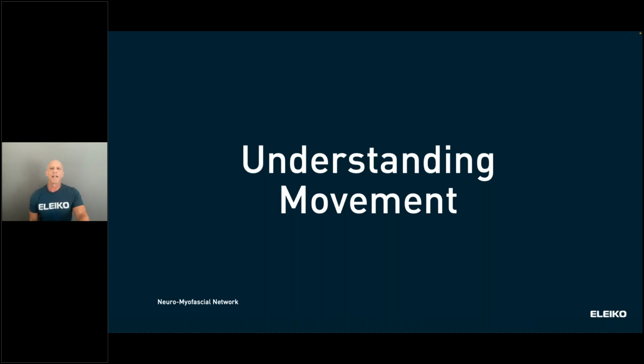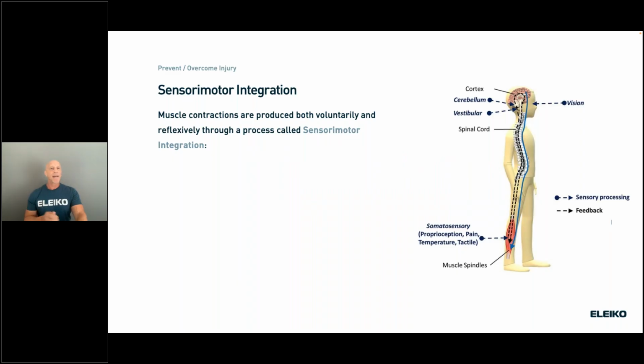So let's look at movement. How do we move? This is something that has not been very well talked about in the industry, and so I'm hoping I'm going to make it simple for you and give you a good ballpark picture, because we have a very incomplete view of it in the industry. First off, there's a big word called sensory motor integration.